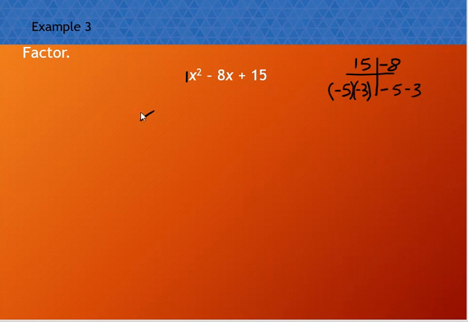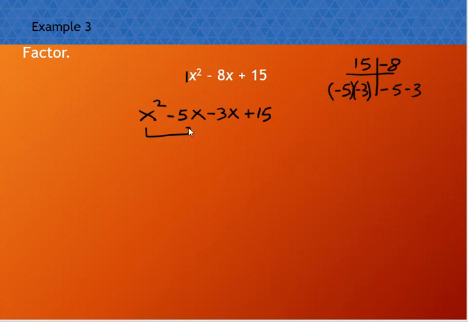Therefore, x squared, and instead of negative 8x, we're going to use negative 5x minus 3x. We write x squared minus 5x minus 3x plus 15.